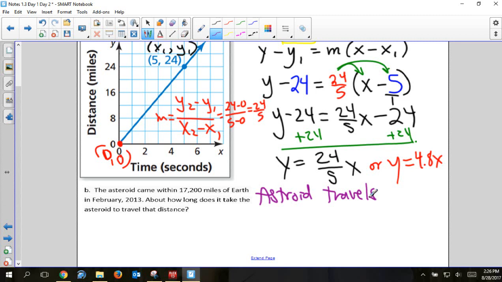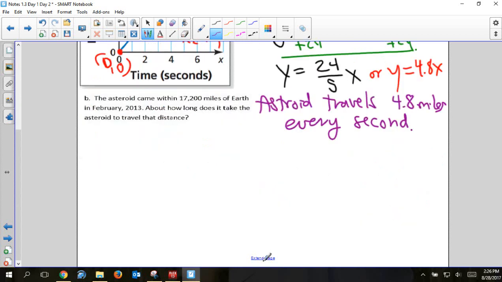Second, or per second. You could say per second. So that would be interpreting, writing it in words.